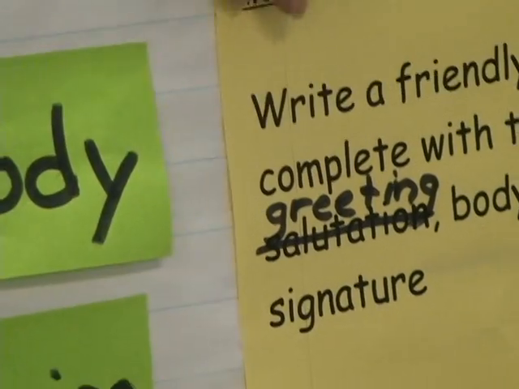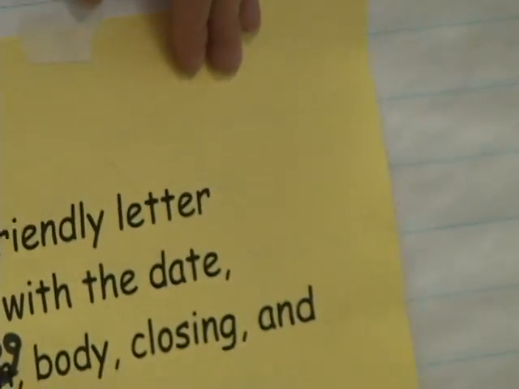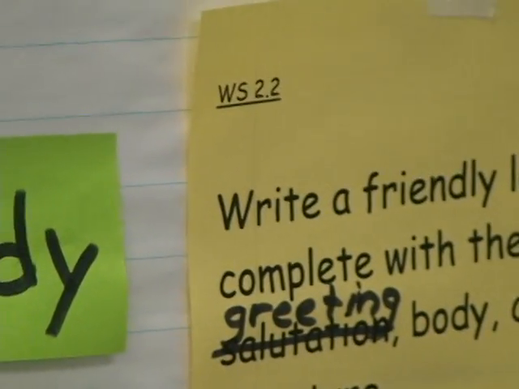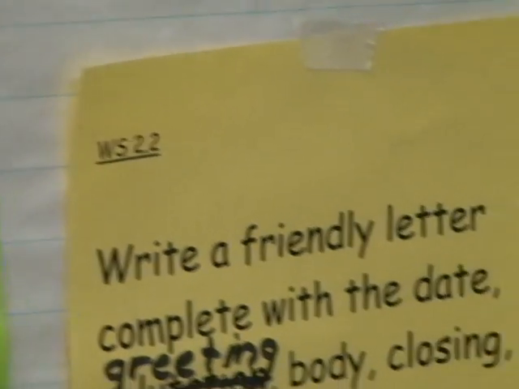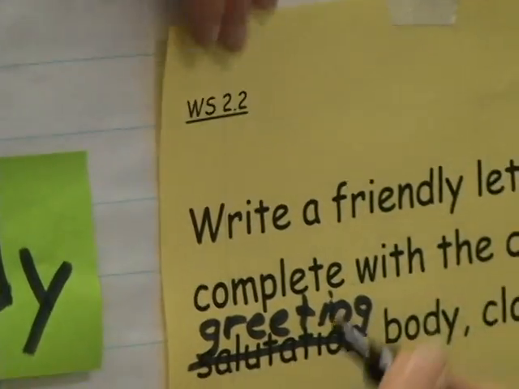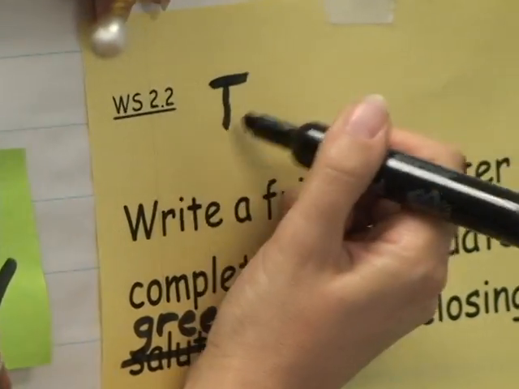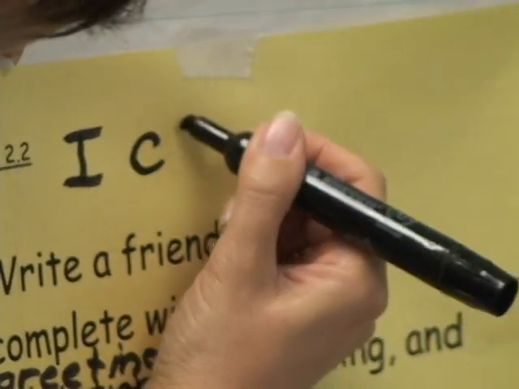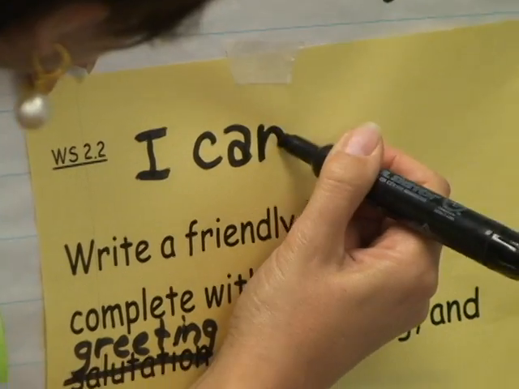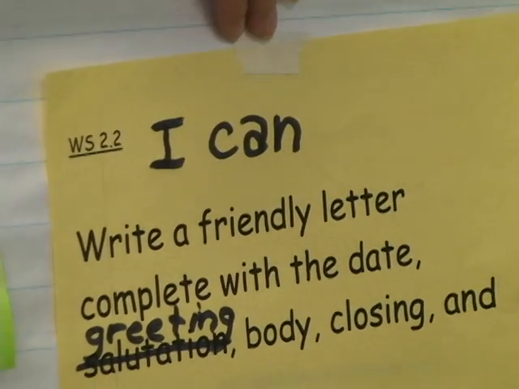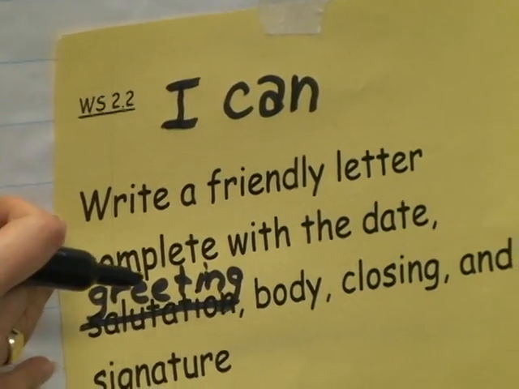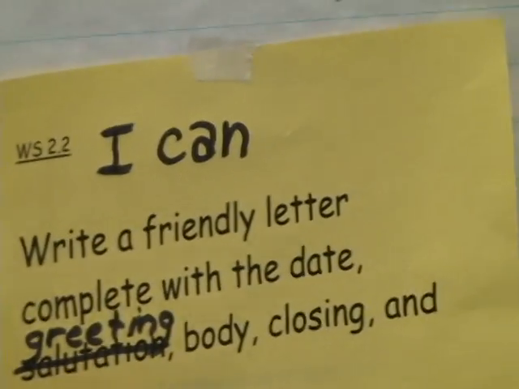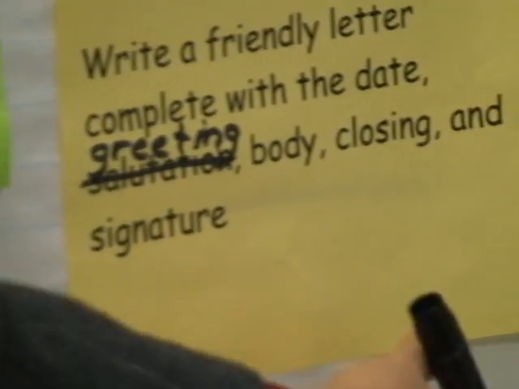And instead of saying write a friendly letter, we're going to say I can write a friendly letter, right? Because that's the goal that we're going for. I can write a friendly letter complete with the date, greeting, body, closing, and signature.